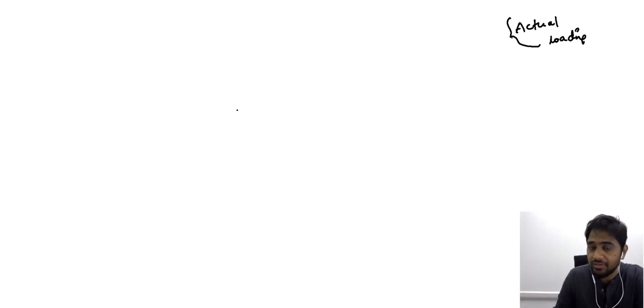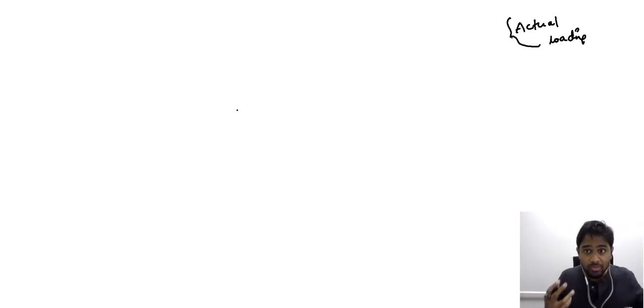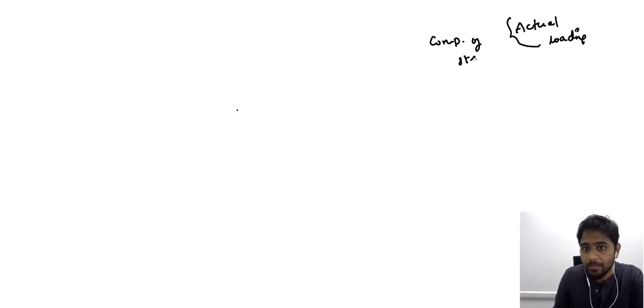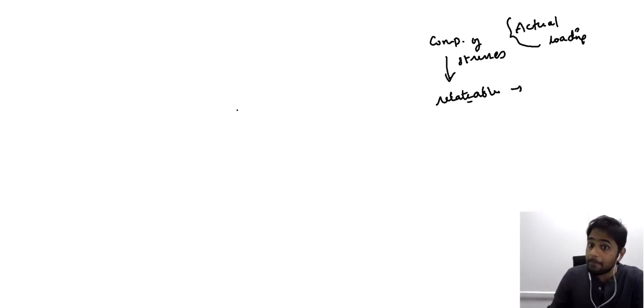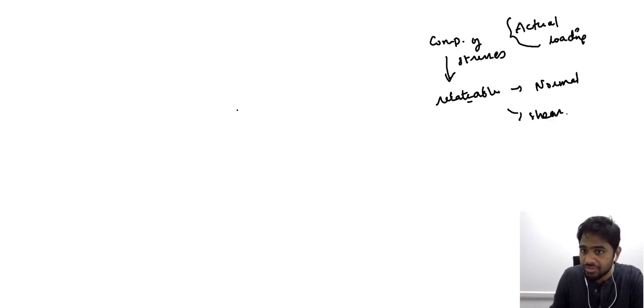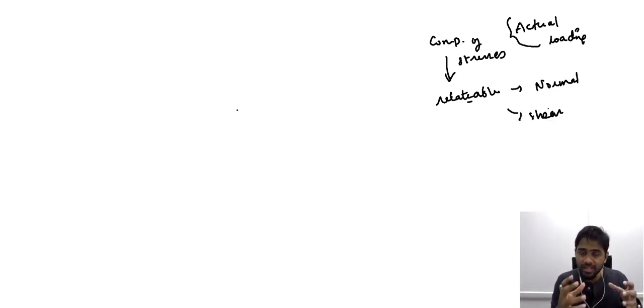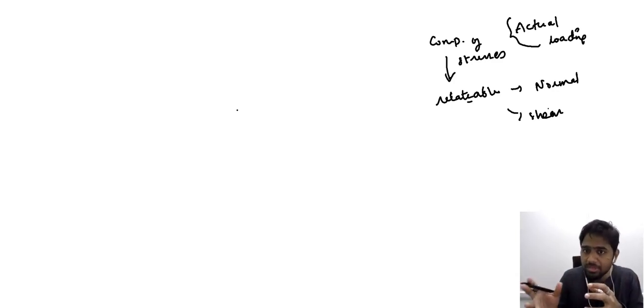So in order to describe this actual loading condition, we have dissociated this into components of stresses, and these components are now relatable to us, because we have dissociated them into normal and shear stresses.